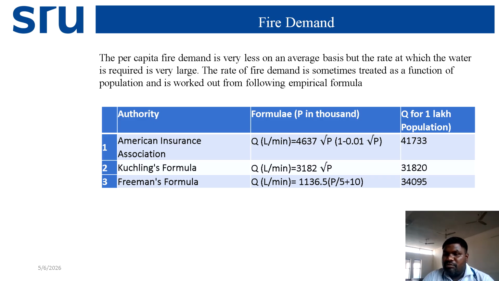These equations are empirical, which means the units for a particular parameter are fixed. Here Q should always be in liters per minute, and the one unknown parameter, the population P, should always be in thousands. If the population is given as 1 lakh, then the P value should be 100. If it is given as 5 lakhs, then the P value should be 500.